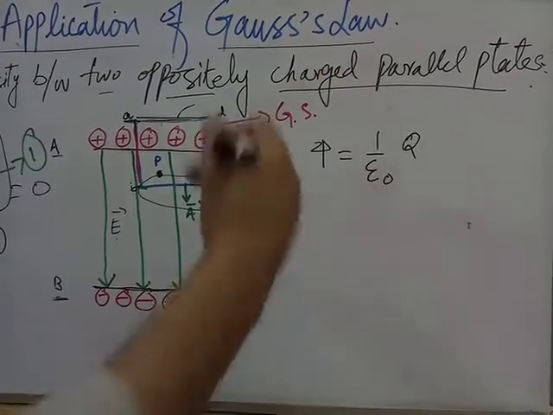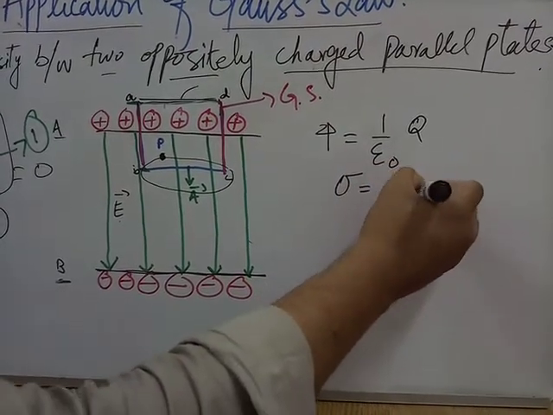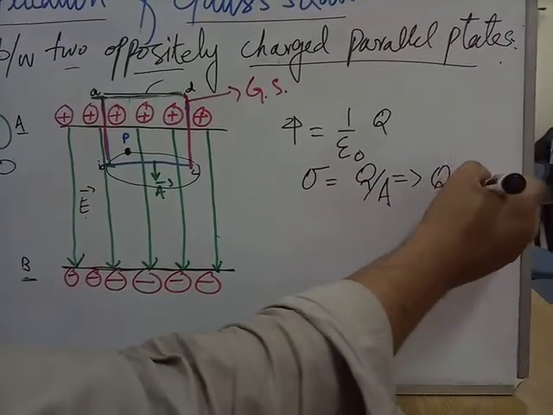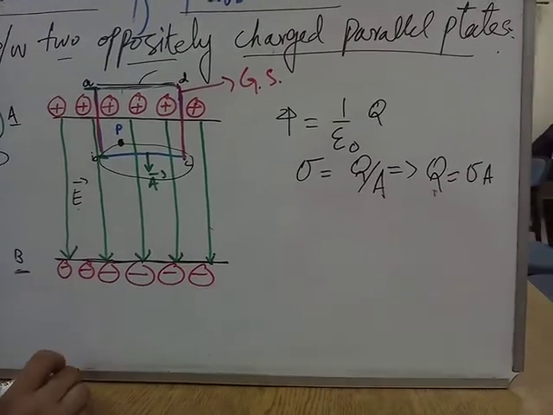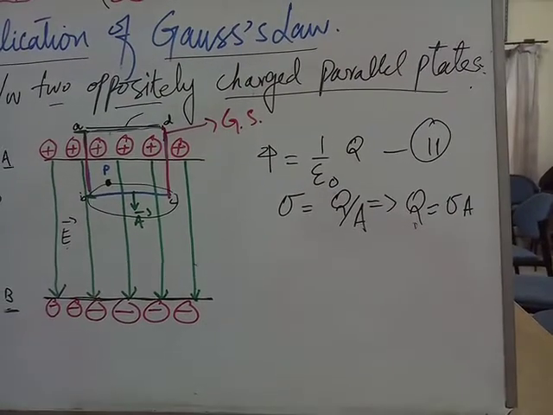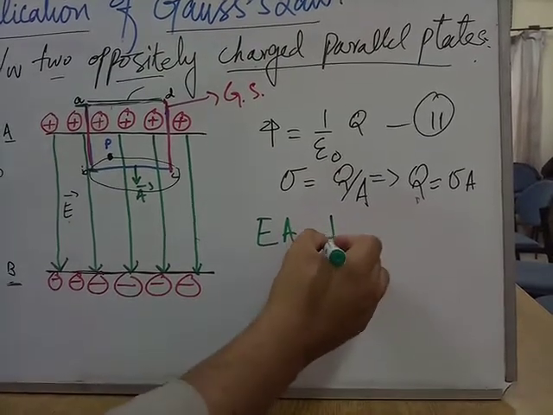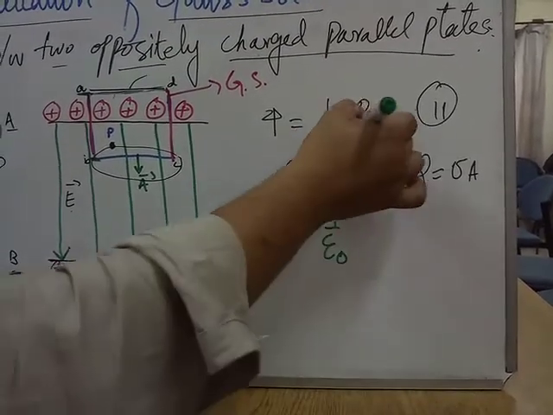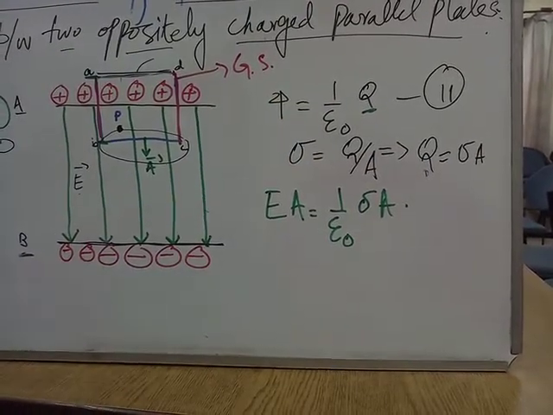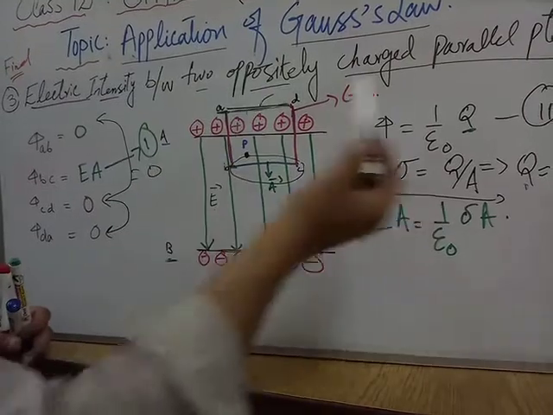From the previous topic, we get charge density sigma equal to Q divided by A. So from here, Q is equal to sigma A. Comparing equation 1 and 2, we get EA is equal to 1 over epsilon naught times sigma A, where we write the value of Q. These two are fluxes, so we equate equation 1 to equation 2.